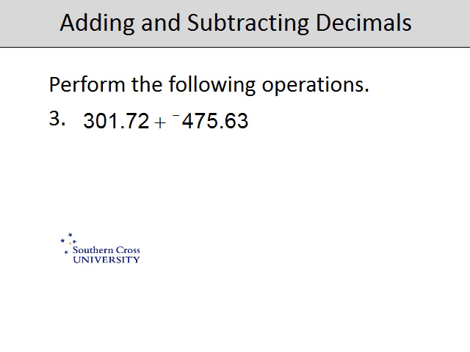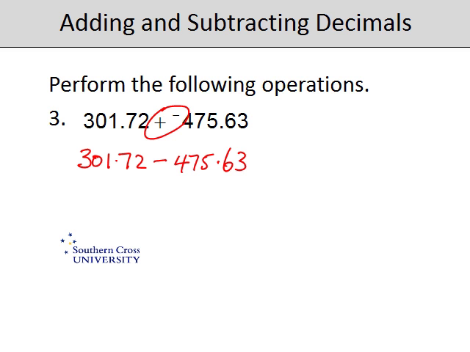Another one involving negatives and positives. So we look at the double sign, they're unequal, so it becomes 301.72 subtract 475.63.